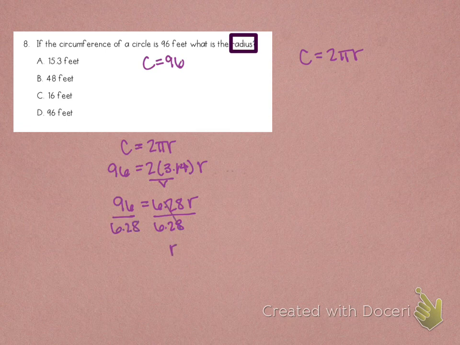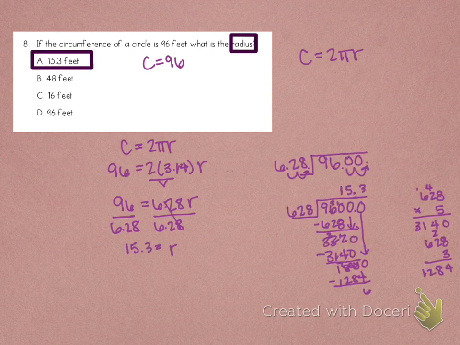Okay, I want you to press pause and divide this and press play when you have finished. Okay, so you should have gotten 15.3. Make sure you continue working. Be productive in class, please, and get this completed, and then you will submit at the end of class. Your test is tomorrow. Good luck.